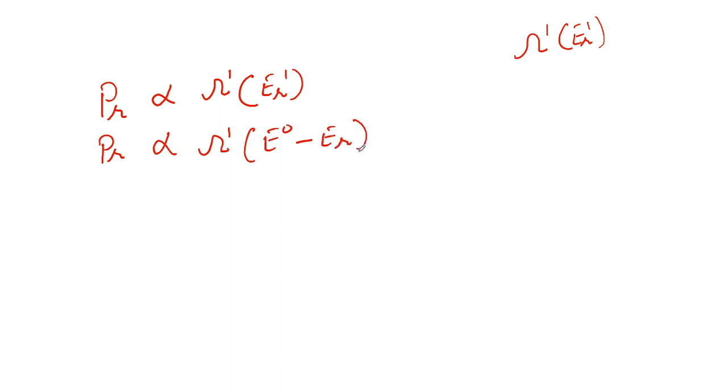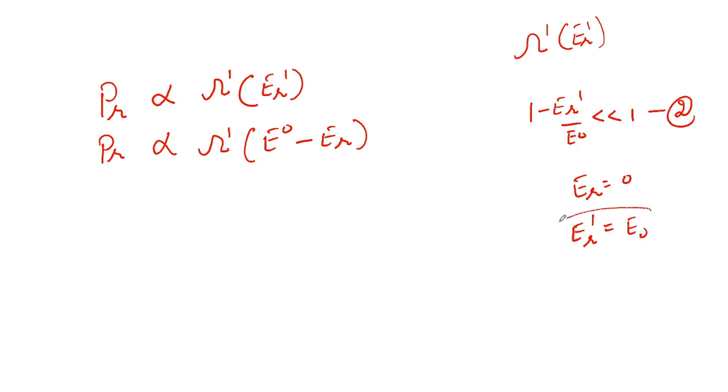Now in order to satisfy our equation number 2, that is 1 minus ER dash over E naught, we carry out a Taylor expansion, considering that the energy of this system is very small, therefore the total energy of the composite system is almost equal to the energy of the heat reservoir.